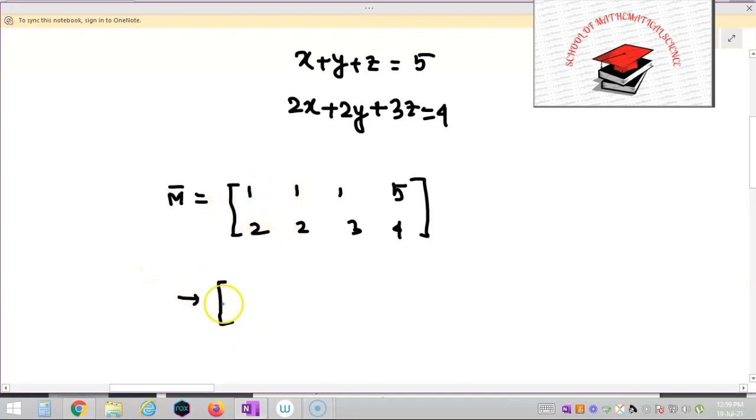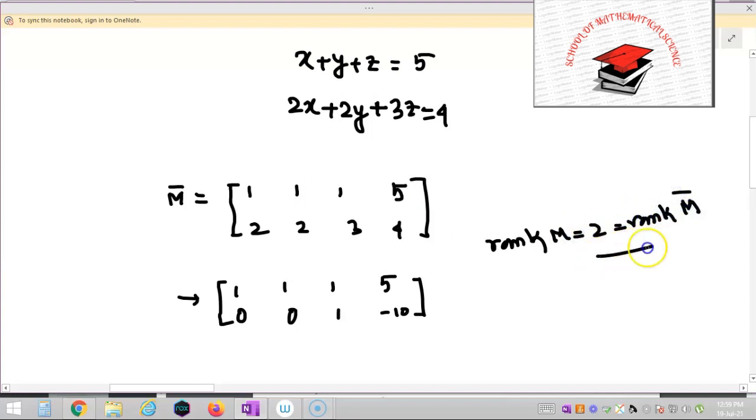So the first row remains as it is, 1 1 1 5, and the second row will become 0, 0, 1, minus 6. Okay, so you can see that if the coefficient matrix is M, the rank of M is equal to 2, which is equal to the rank of M bar, right students?